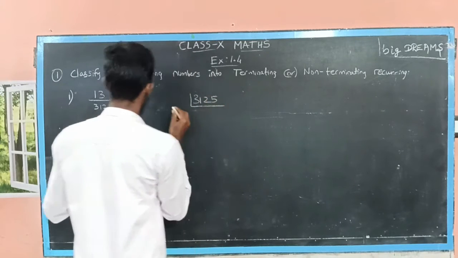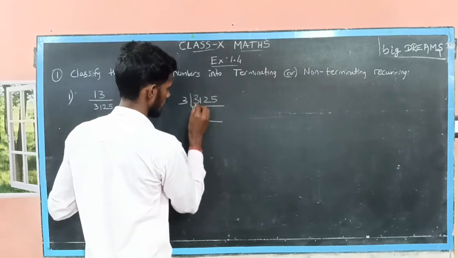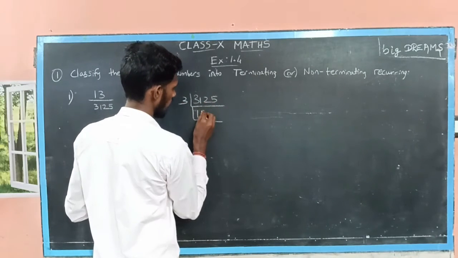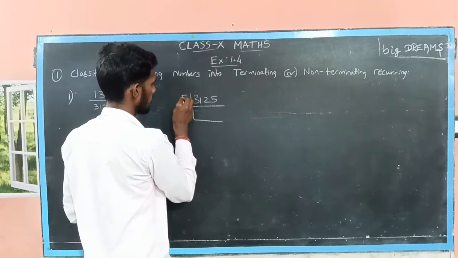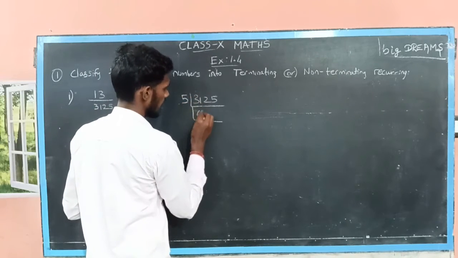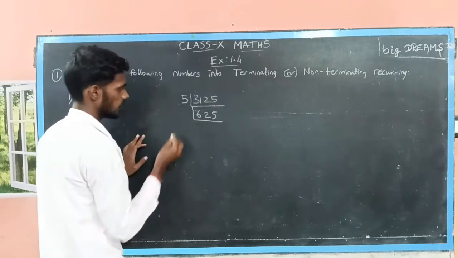It is not divisible by 3, so go for 5. 5 sixes are 30, balance 1, 12 divided by 5 is 2 times, so it is 625.